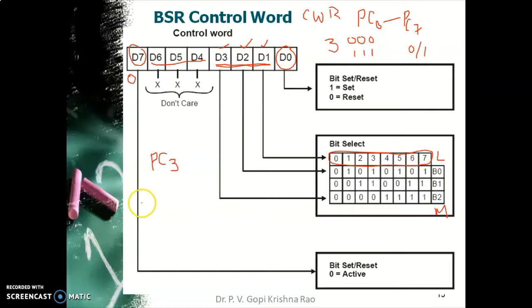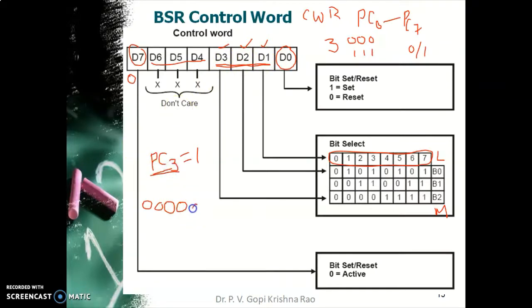Let us consider an example where I want to set port C pin 3. So what is the control word that I have to write? As I am using this in BSR mode, I want to make this PC3 equal to 1. I'll make D7 as 0. The remaining 3, D6, D5, D4, I don't care, so I'll put them as zeros. D3, D2, D1 should now define PC3.